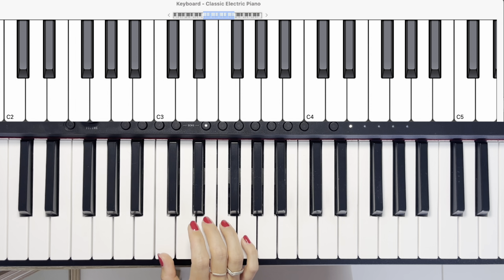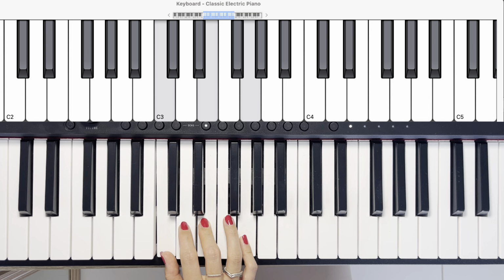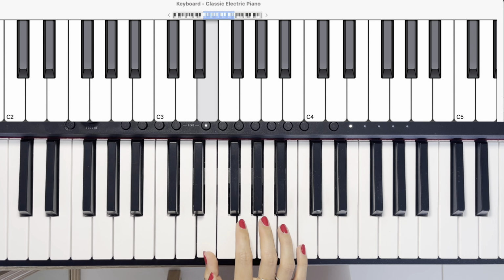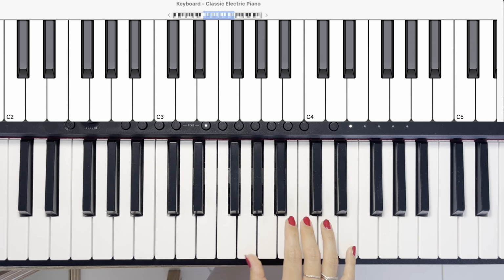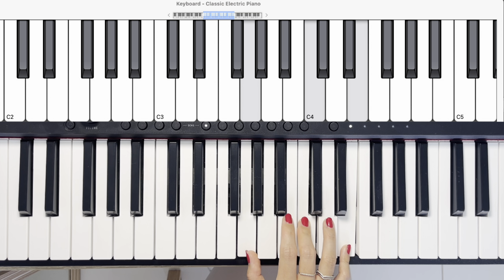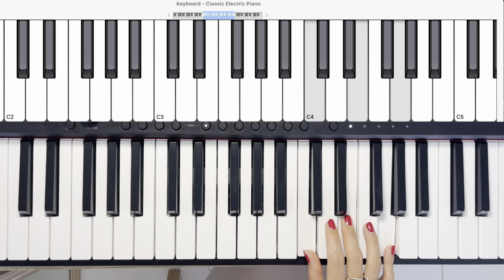So we have the root position, that's the first one. Then we have the first inversion, it always looks like this. And then we have the second inversion, which looks like this. And then we are back with our root position.